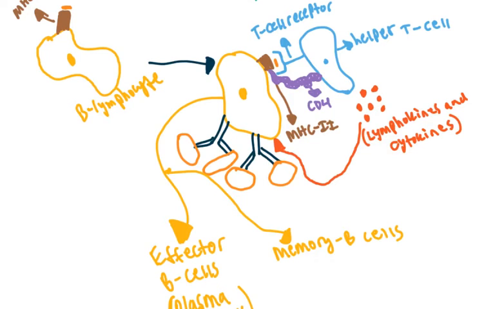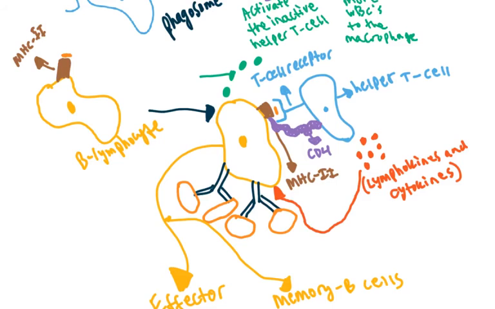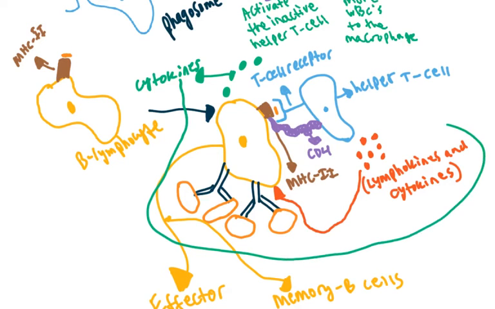We also see that once our B lymphocytes start getting activated and start proliferating, they can release specific types of cytokines that can then travel over to the helper T cell.